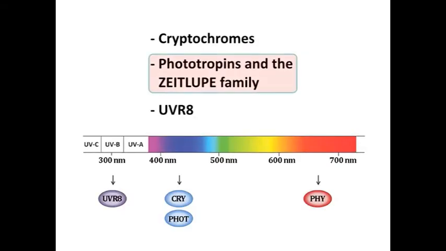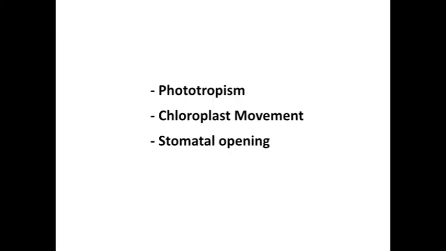Next, the phototropins and the ZEITLUPE family of photoreceptors are another group of blue light photoreceptors that contain light oxygen voltage or LOV domain proteins. The phototropins also contain a serine or threonine kinase domain, which upon activation by light leads to increased kinase activity, and it results in photomovement responses such as phototropism, chloroplast movement, and stomatal opening.